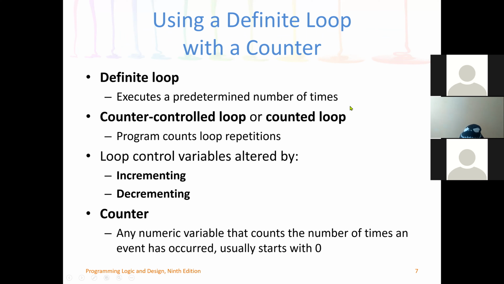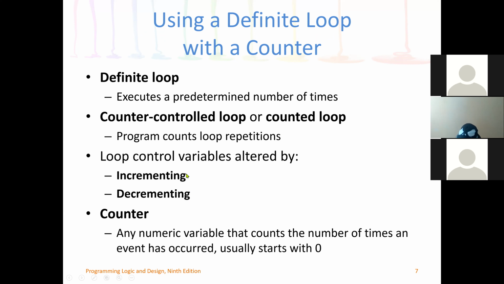We know how many times the loop will execute. Then a counter control loop, or counted loop, means the program counts the loop repetitions. And as we said earlier, the loop control variable can be altered by incrementing or decrementing. If you don't do one of these two, then your loop will be infinite.